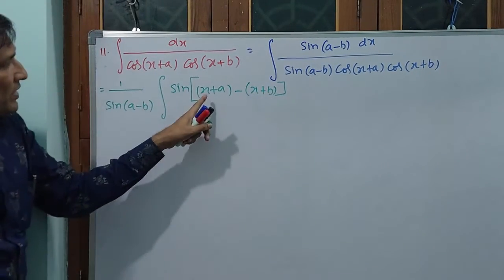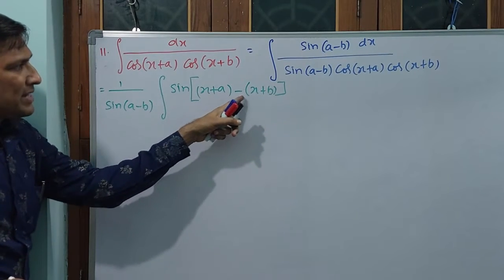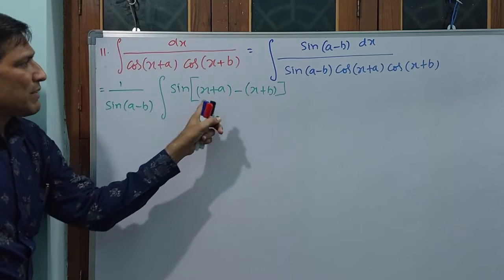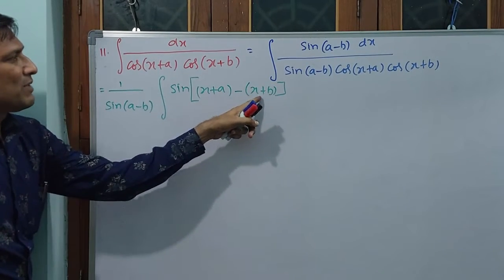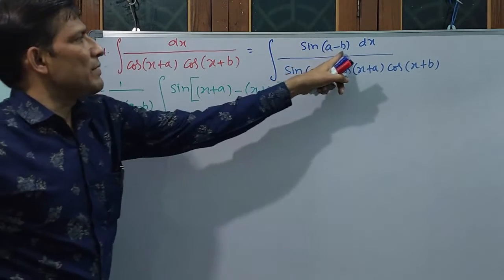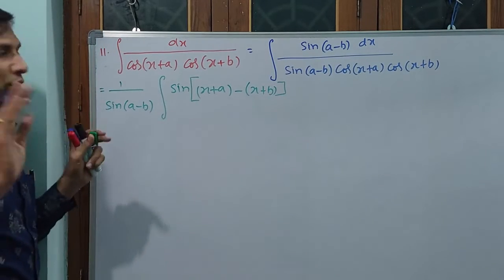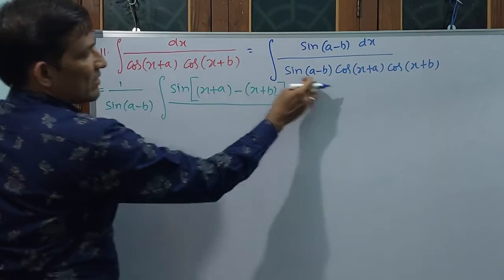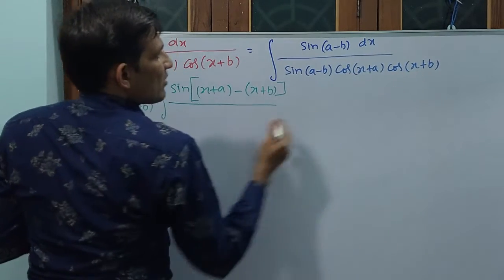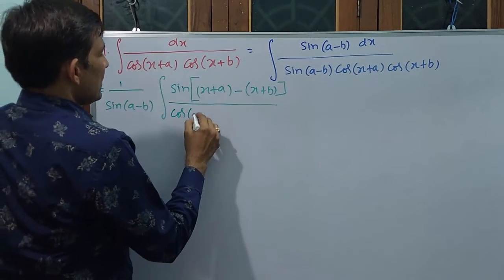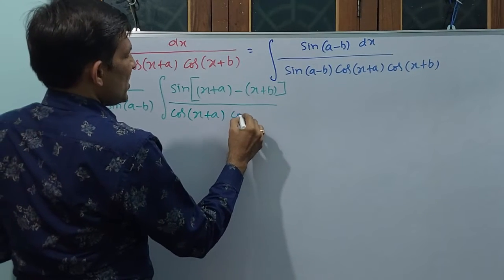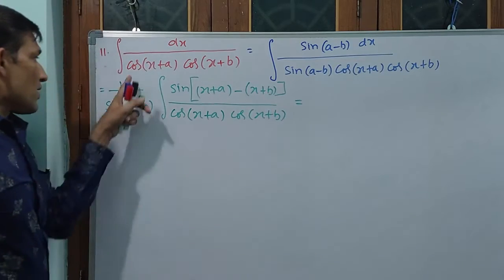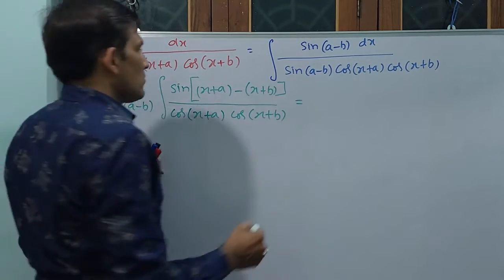Now you see, if I write like this, x plus a minus x plus b, if you open this bracket, minus x minus b, x minus x are going to cancel, a minus b will come: sin of a minus b. Then the denominator will be the same: cos of x plus a into cos of x plus b. That is equal to 1 by sin of a minus b, like this only, write down.